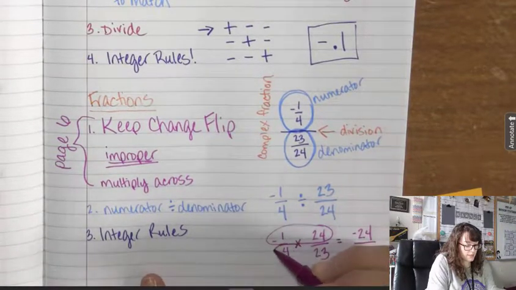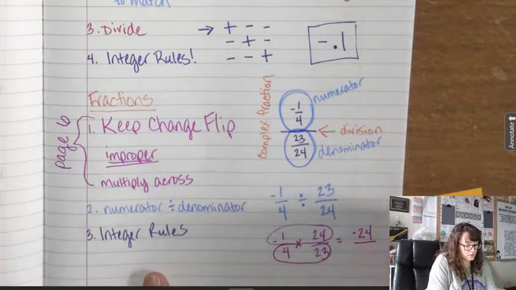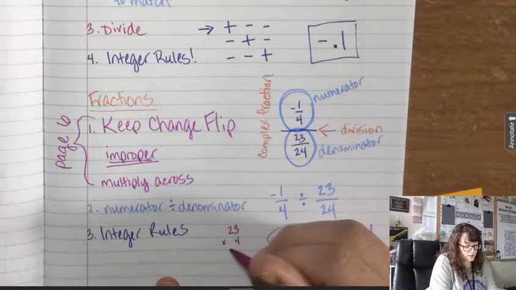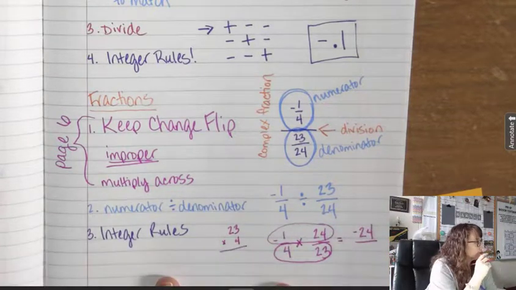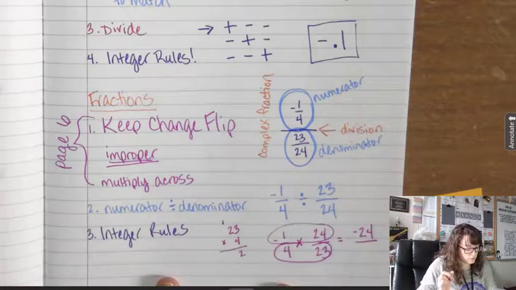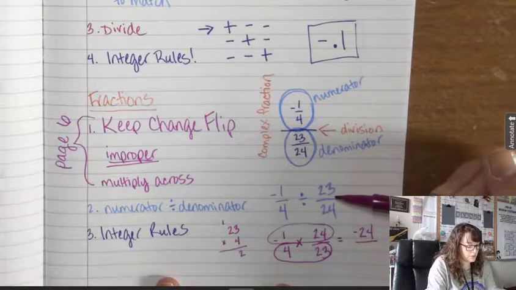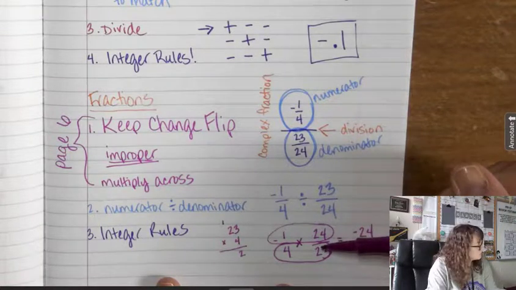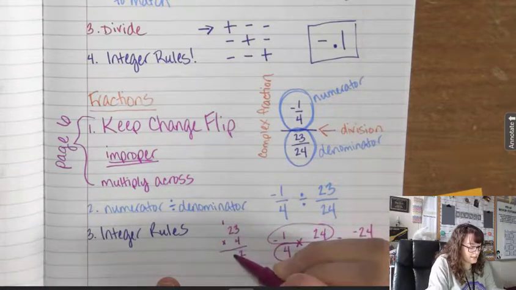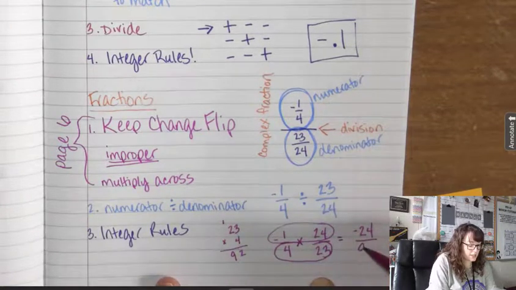And 4 times 23, I don't know what that is. 23 times 4. What's 3 times 4? 12. What? The 23 is supposed to be in the numerator and the 24 is supposed to be in the denominator. But I flipped it. Oh. But thank you for checking. And then that's 9. So that's going to be 92.